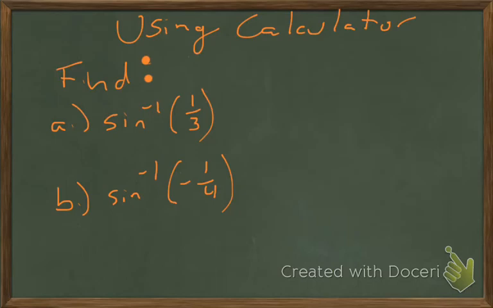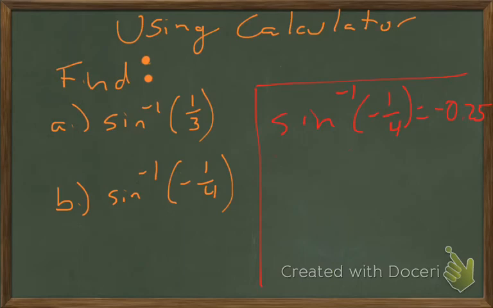Okay, guys. So you've had a chance to do this on your calculator, and some of you will have ended up with sine inverse of -1/4 equaling -0.25, which is the correct answer. Some of you, however, will not.